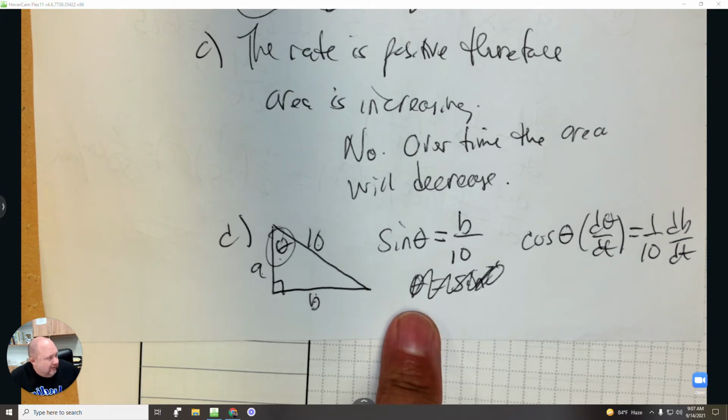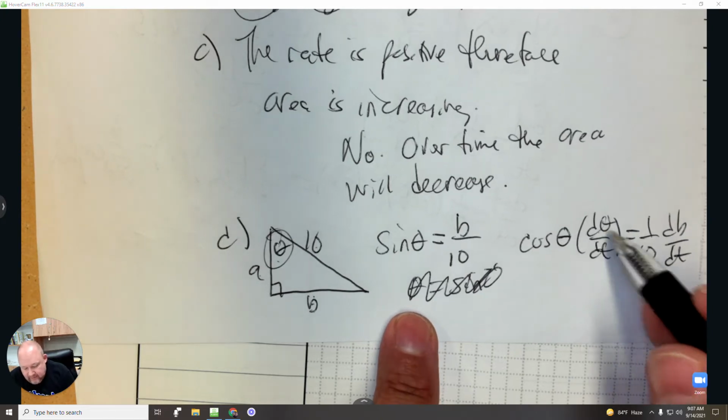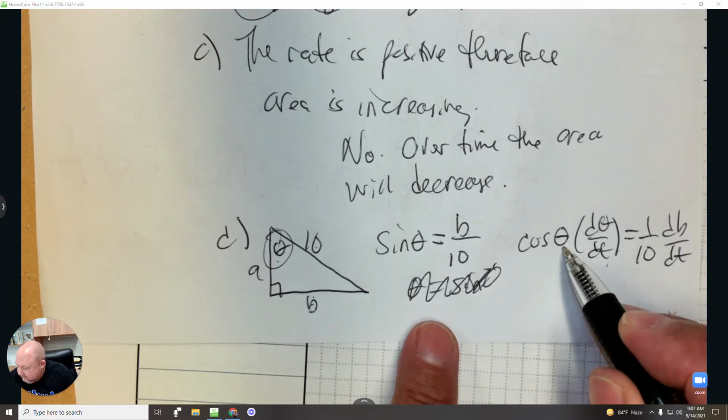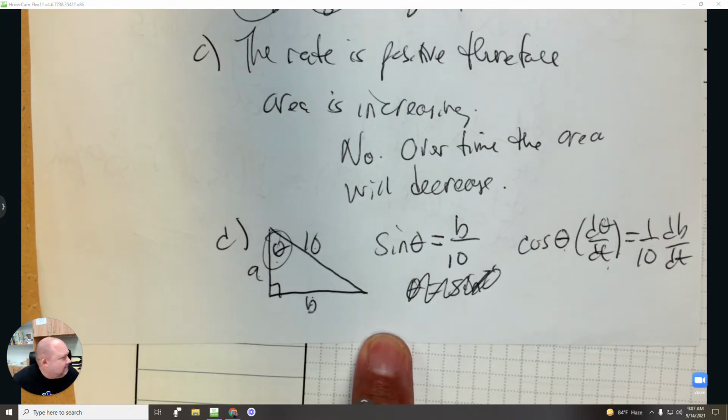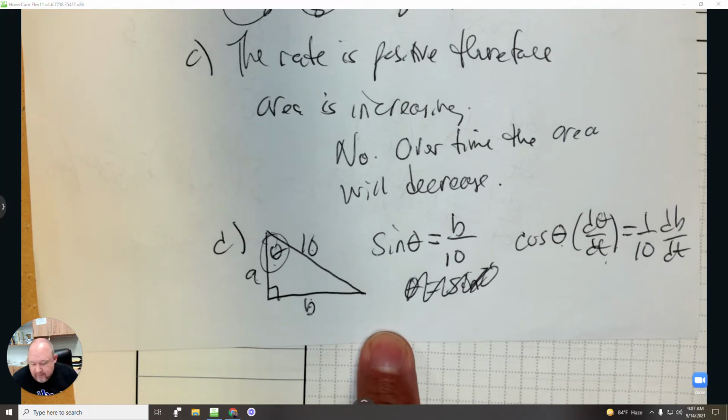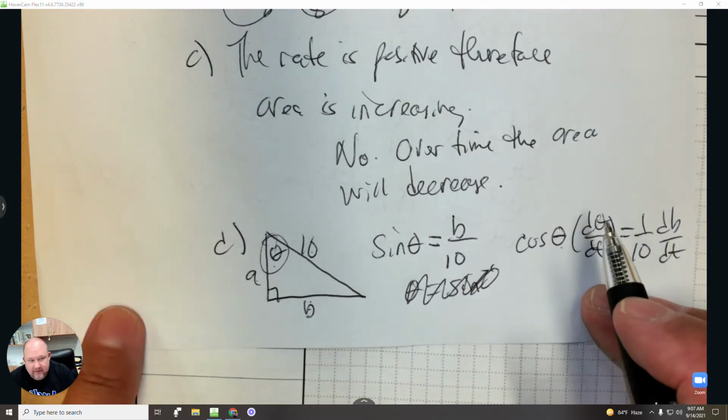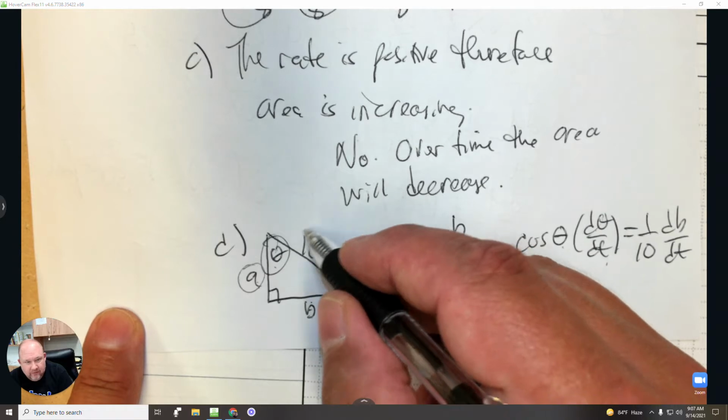Then we put in the values. So in the question, it says find the rate. So I'm looking for this, d theta by dt. How did we find theta? Oh, cosine theta. So cosine theta is adjacent over hypotenuse.